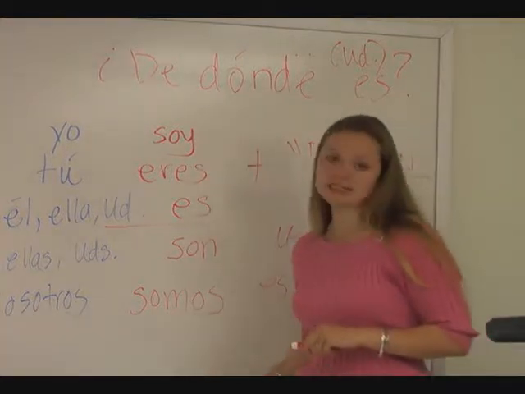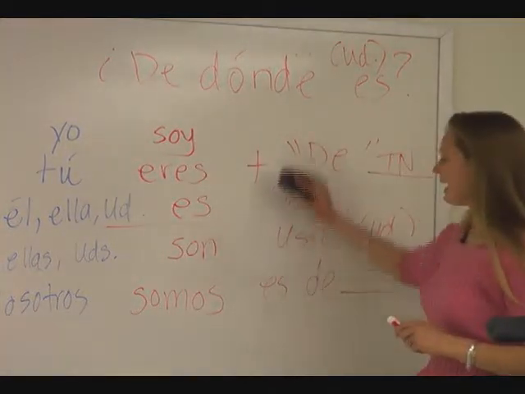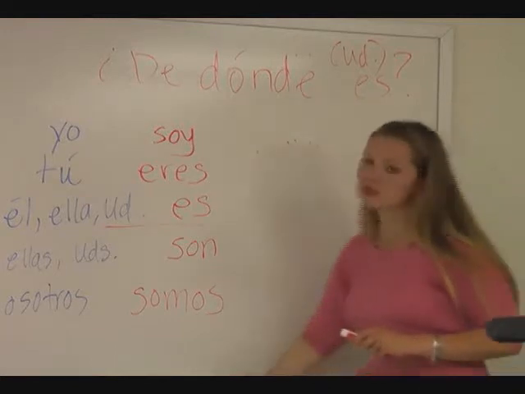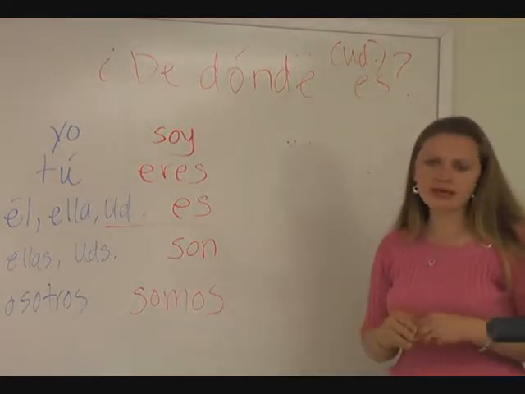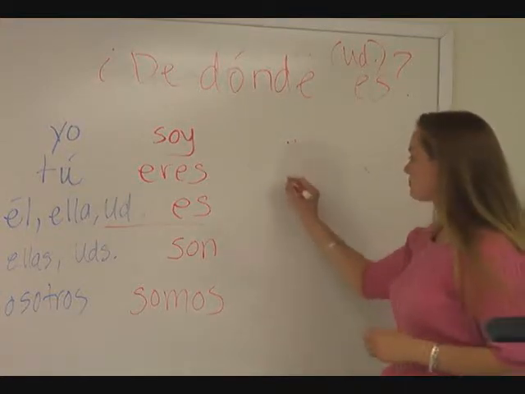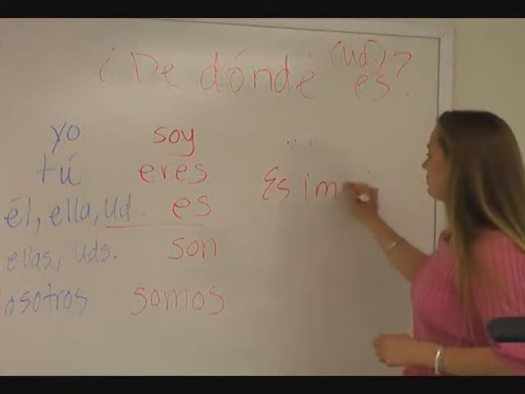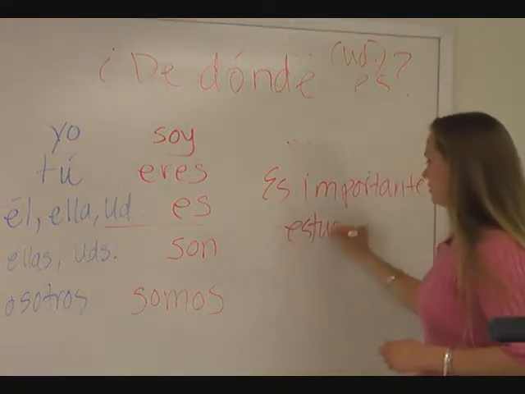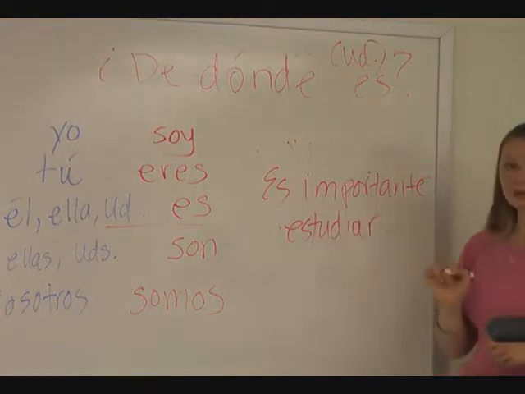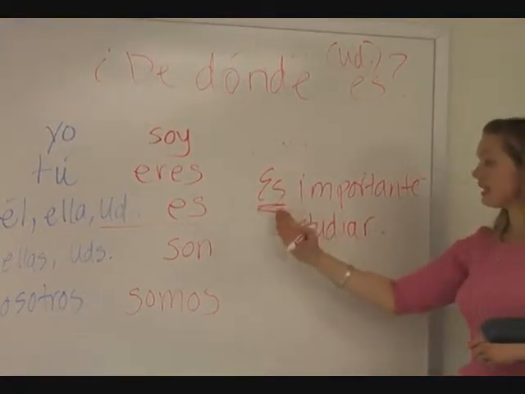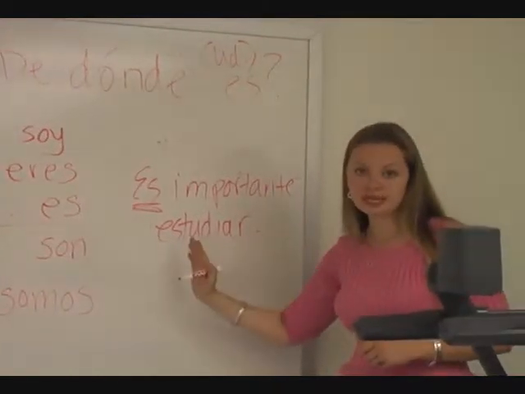Also, las formas de ser se usan para generalizaciones. That's generalizations or statements that, let's see, phrases that we memorize. Por ejemplo, es importante estudiar. Es is a form of ser. It means it is important to study.